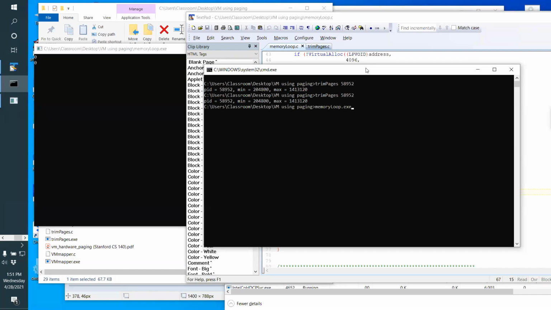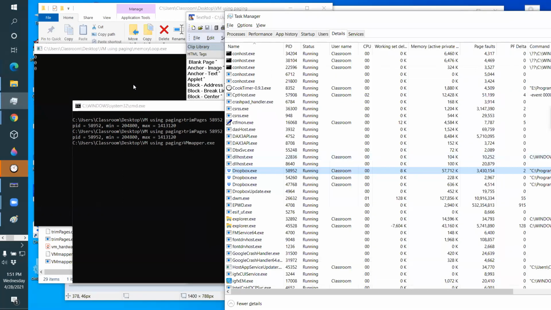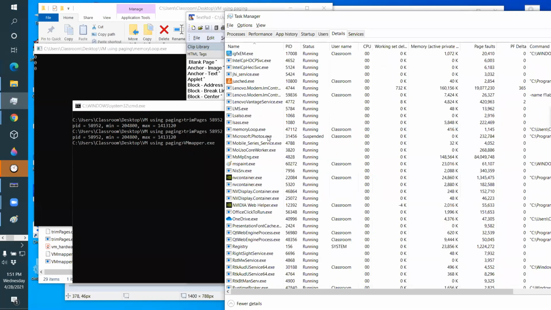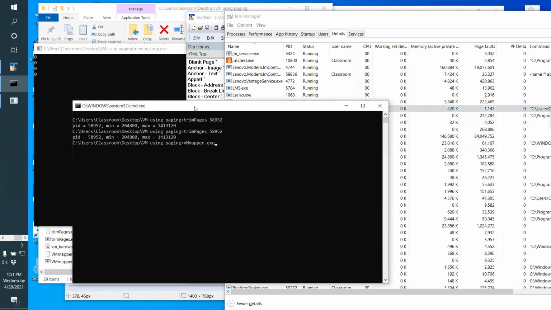Where is it? Oh, VM mapper, I'm sorry. I could launch the VM mapper, but I need to know his process ID number. So go to the task manager. This is called memory loop. There's memory loop 47112.